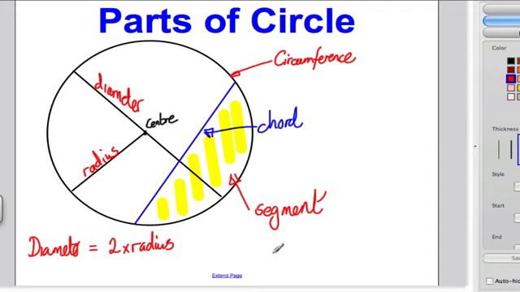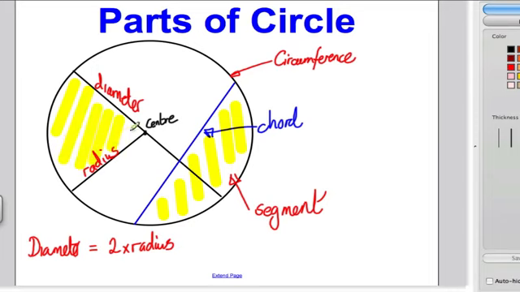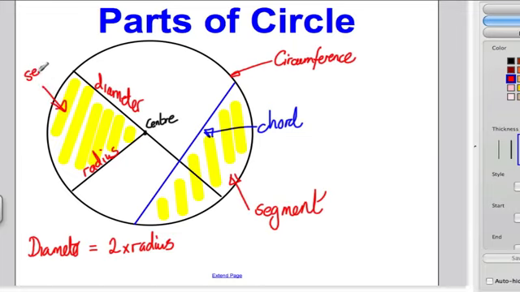The other thing we need to know is if we take a slice of the circle, like a slice of cake, so we cut a circle with 2 radii to the center, then that part of a circle would be called a sector. So a sector is like a piece of cake, and a segment is when you cut the cake in sort of an unusual direction, but you don't go through the center.